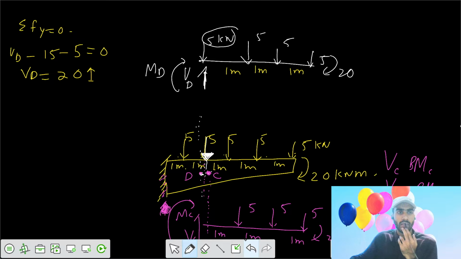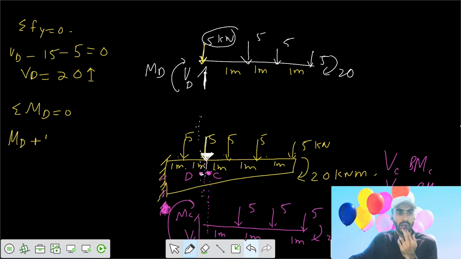And let's say summation of moments at D equals 0. So your bending moment at D clockwise plus the effect of all those loads. See the effect of this one into that small dx equals 0.